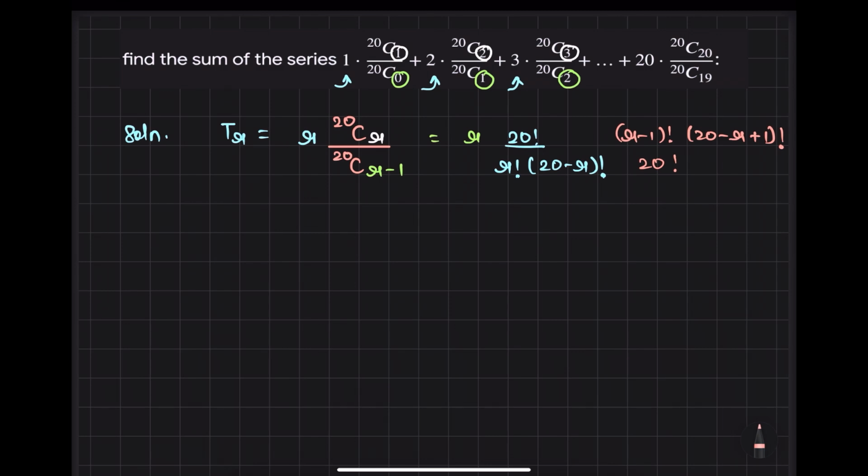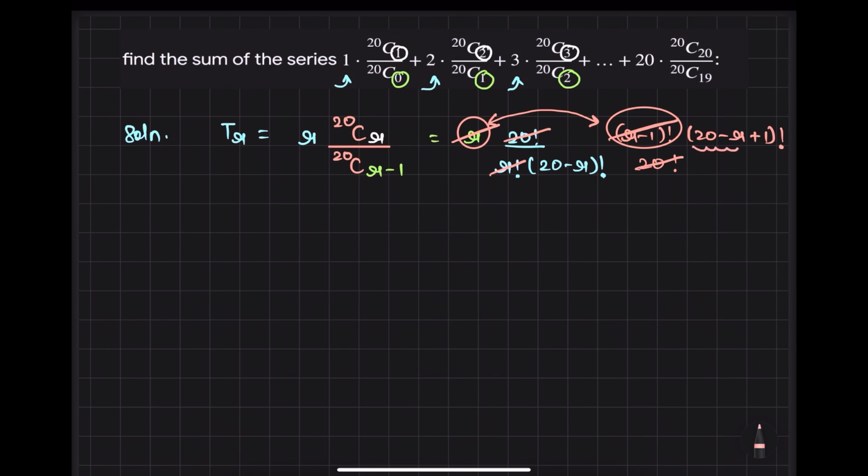Now do the simplification. You know that 20 factorial and 20 factorial will vanish. Now look at r and then (r minus 1) factorial. Don't you think both things will get clubbed and will produce r factorial? So we can neutralize this with this. Now look at this.